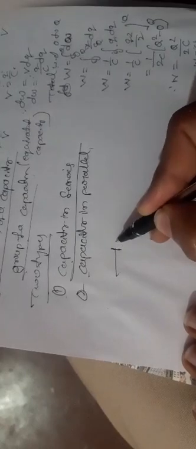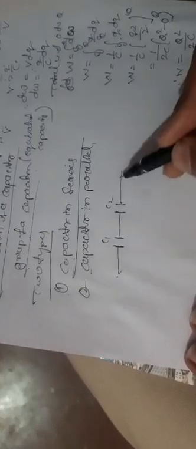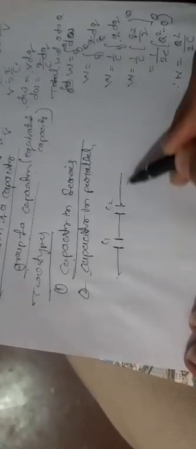A series combination means, the first capacitor is called C1, and one more capacitor is C2. The two capacitors C1 and C2 are connected from one end to the other end. They are connected in series combination.